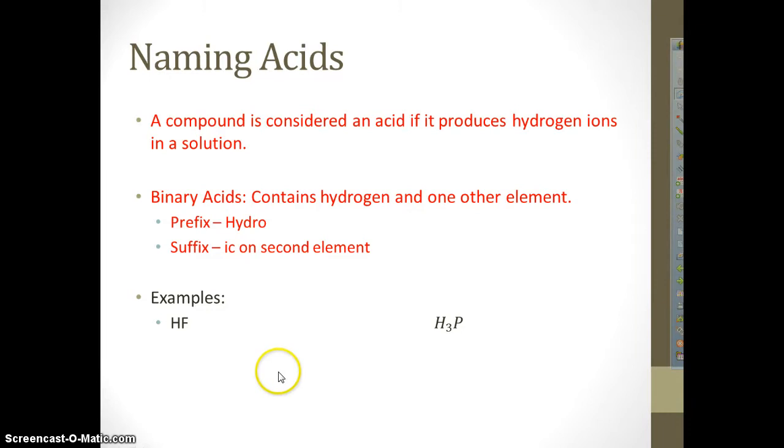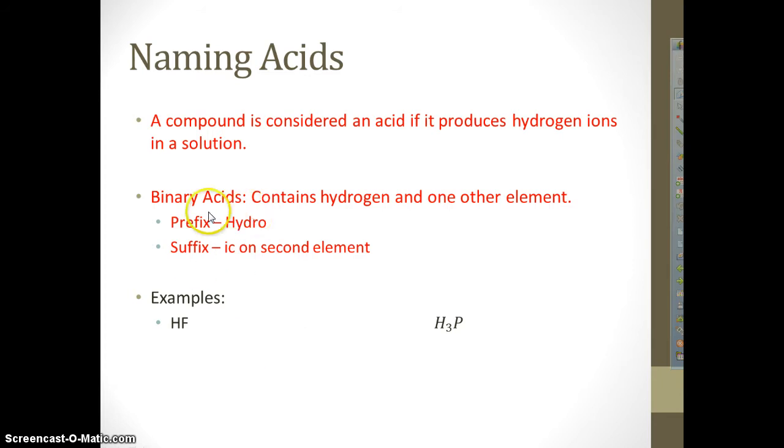Okay, so an acid is anything that will produce a hydrogen ion, usually H+, so hydrogen with a +1 charge, in a solution. So if I mix something in water, usually, I can produce an acid.